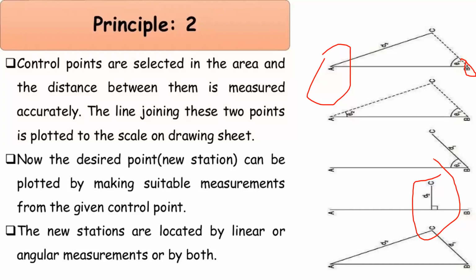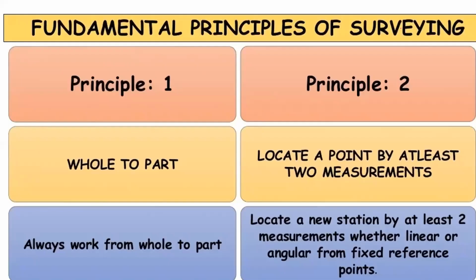If you want to point out a third point like this at C, you have at least 2 measurements. With the help of these 2 measurements itself only, you have to point out the third point, right? So these are the 2 major principles that come into action whenever you perform a survey.